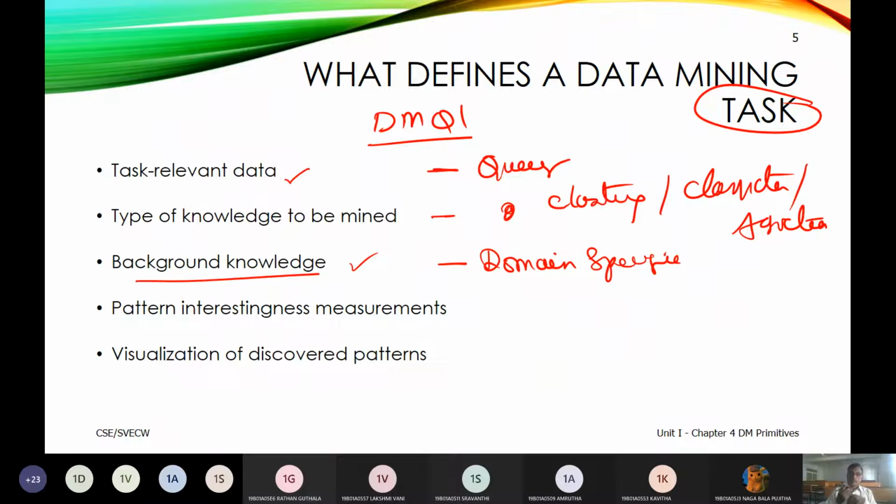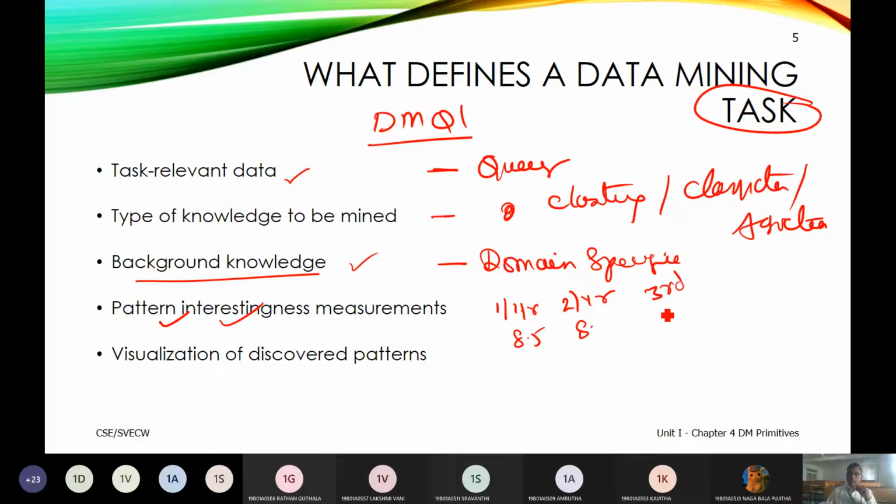Fine. The next thing was we need to get the data in an organized way, what we call pattern interestingness. Let us say first year percentage and second year percentage are 8.5 and 8.